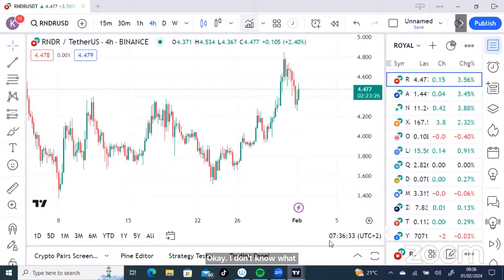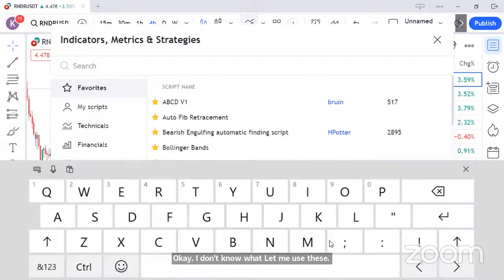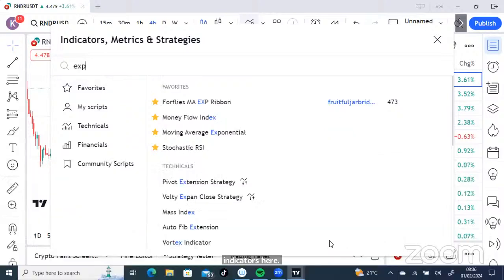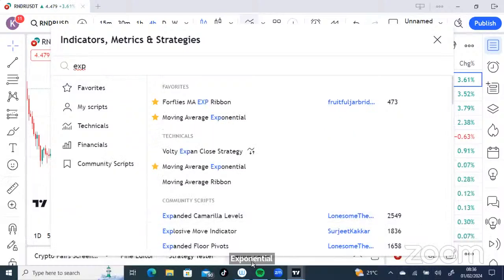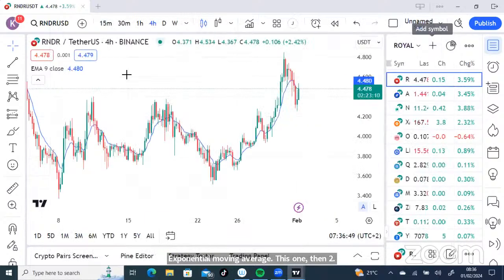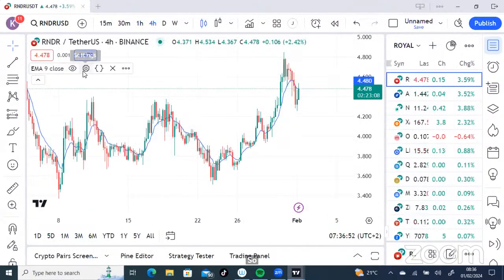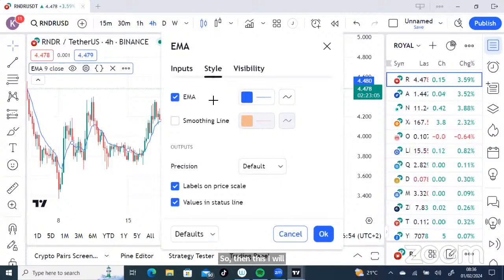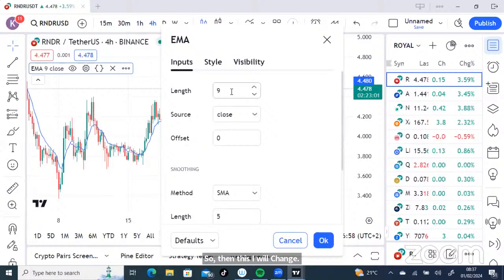Let me add new indicators here. Exponential moving average, this one, then two. So some use three, then this I will change. The input here, I will make this a 200 moving average.